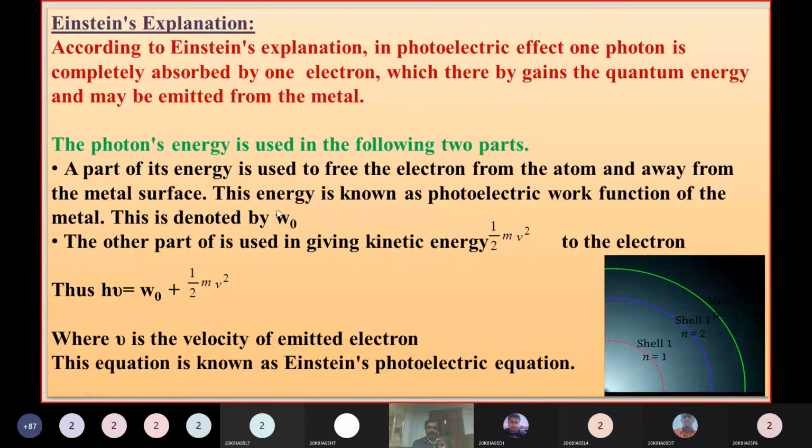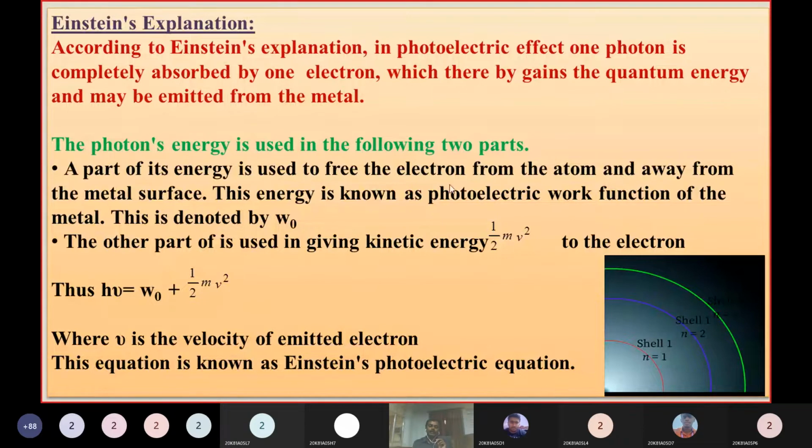That energy we call W naught. Once again, this part of the energy is used to free the electron from the atom and away from the metal surface. This energy is known as the photoelectric work function.